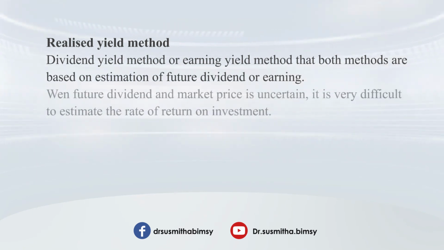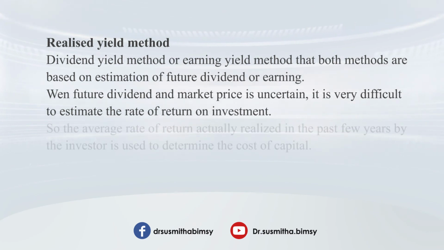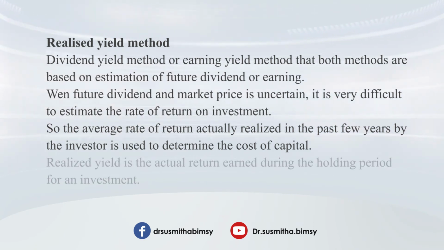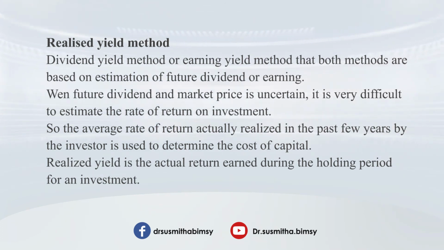When the future dividend and market price are uncertain, it is very difficult to estimate the rate of return on investment. So the average rate of return actually realized in the past few years by the investor is used to determine the cost of capital. Realized yield is the actual return earned during the holding period for an investment. In the realized yield method, an investor expects to earn the same amount of dividend which the organization has paid in the past few years.